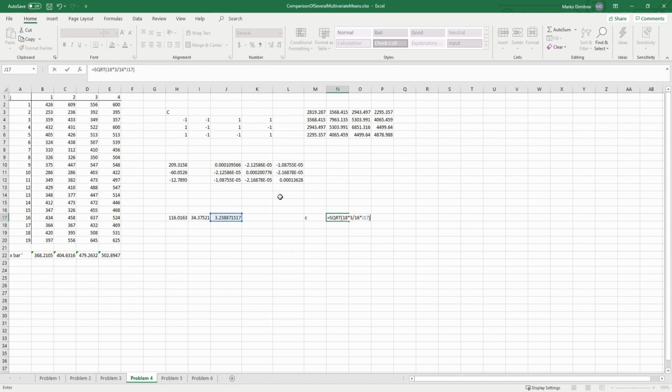Basically 4 minus 1, and then we have n minus q plus 1.